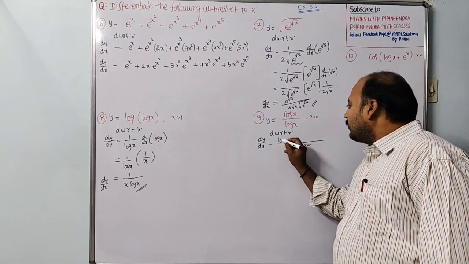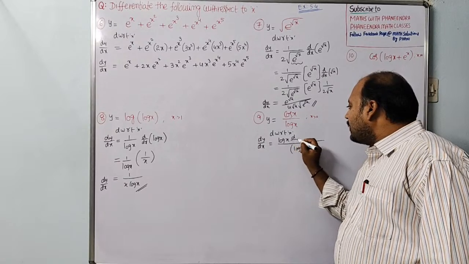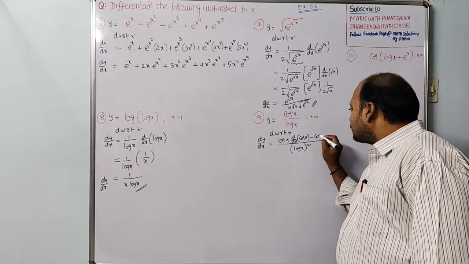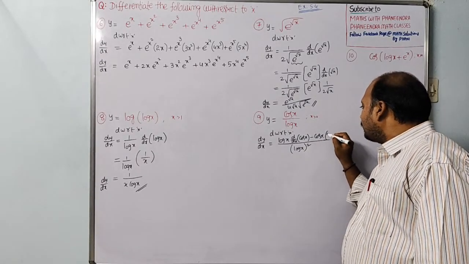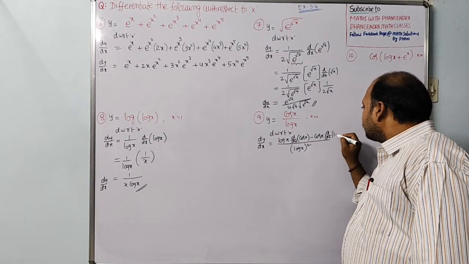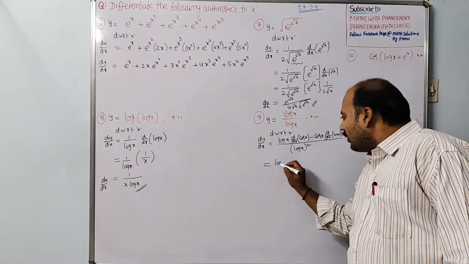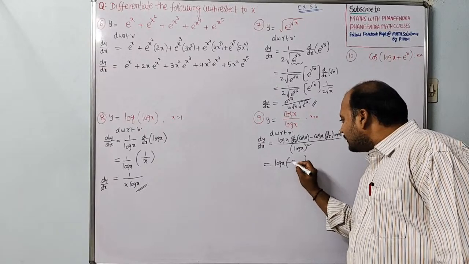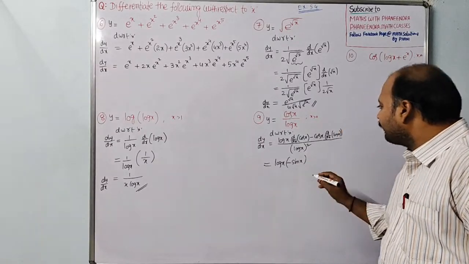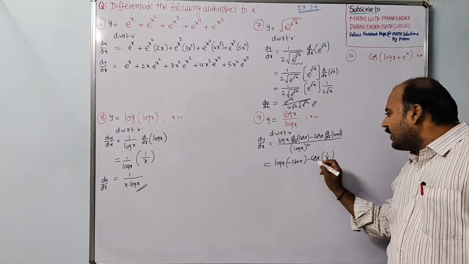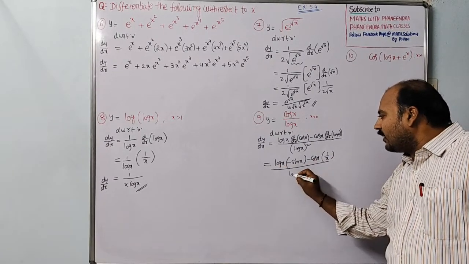So v into, that means log x into d by dx of u. u means what? cos x. Minus cos x into d by dx of log x. So which is equal to log x into d by dx of cos x, which is minus sin x, minus cos x into d by dx of log x, which is 1 by x, by log x whole square.